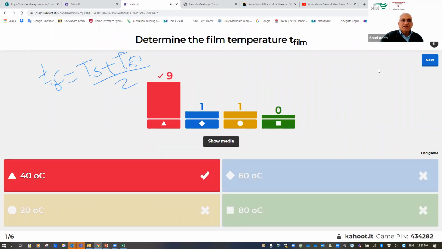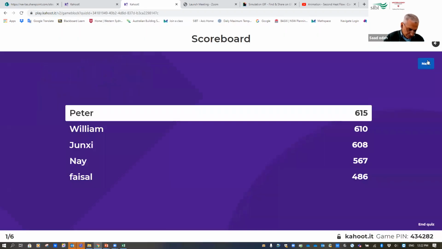Perfect. So we said film temperature is the surface temperature plus the air temperature, divided by 2, because it's the average temperature, which is 40. Yeah, correct. Right, so next one.